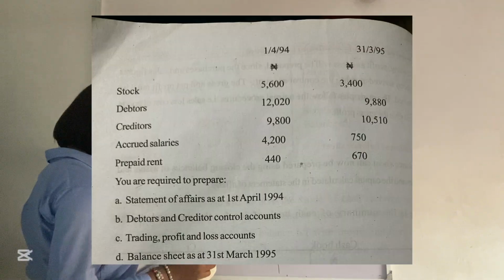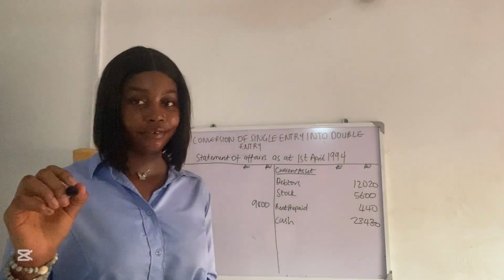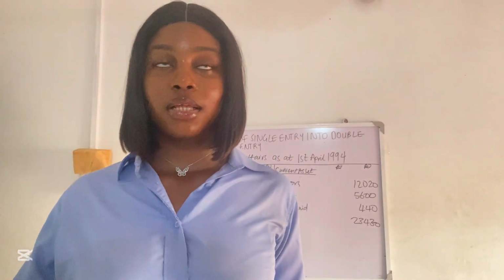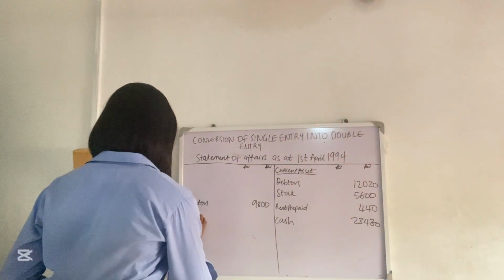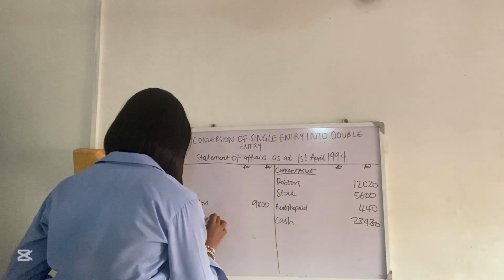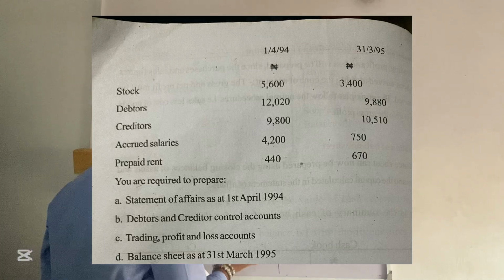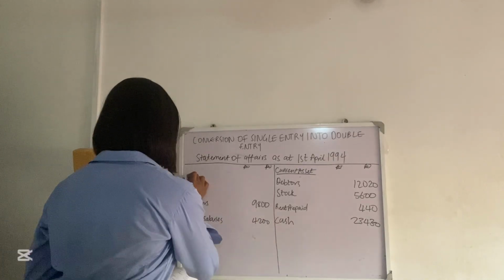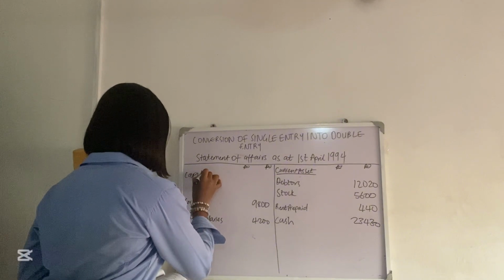Then accrued salaries. Normally, if it was just salary, it wouldn't be there. It's because of that accrued salary. That's why accruals are liabilities. So something you're owing. So accrued salaries are 4,200.